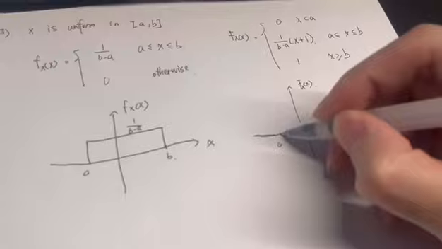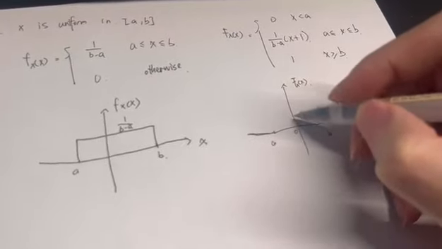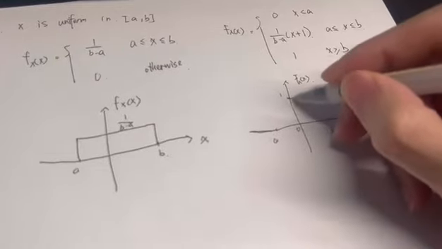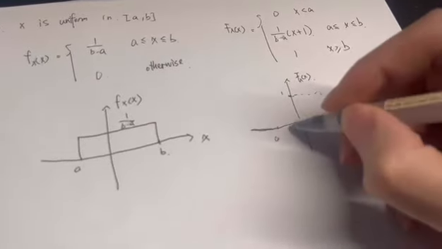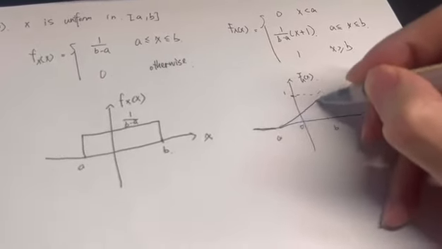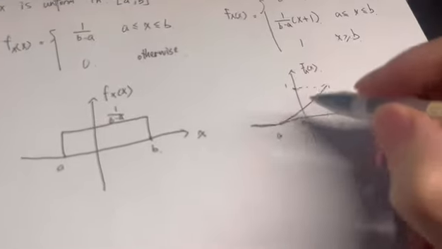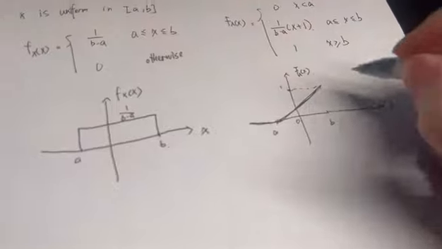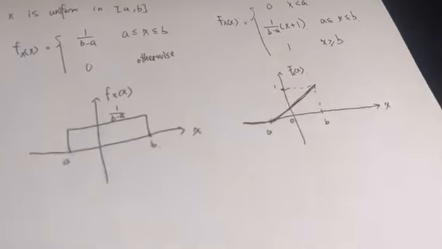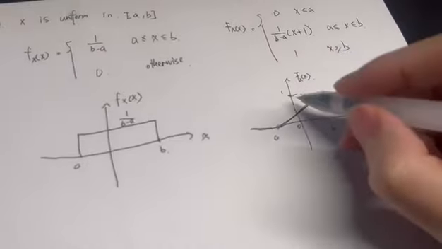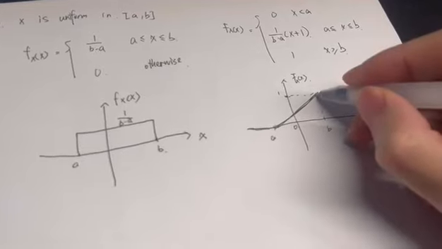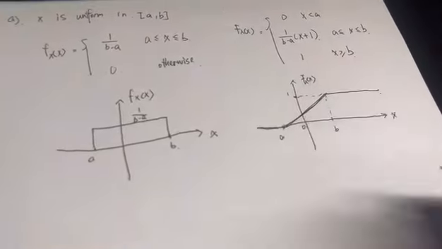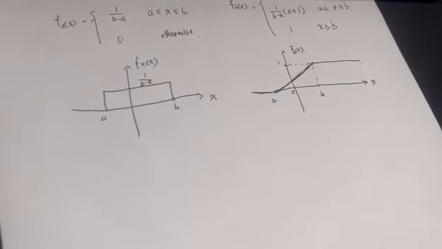And when it reaches A, it keeps increasing. It's a straight line right here. It increases up to the value 1, and it stays at 1. So that's the graph for this function.